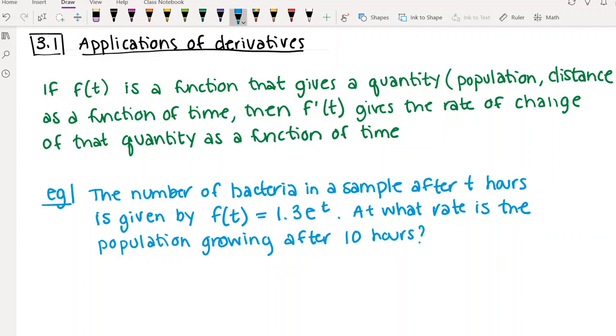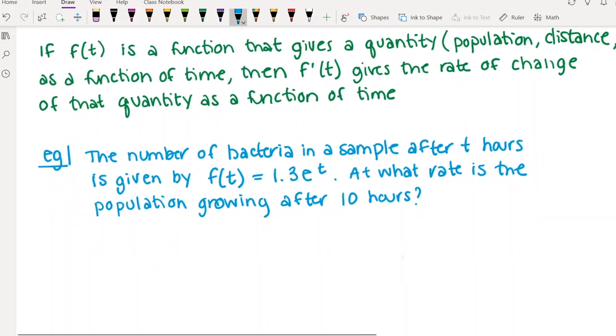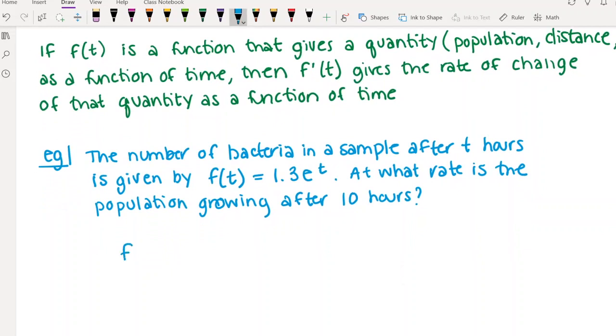So how would we answer this? Basically, we're just looking for the derivative and then we're going to plug in 10, right? Because the derivative will tell us what is the rate of change at every different t value. And then to figure out the rate of change at this specific t value, that's where we have to plug in 10.